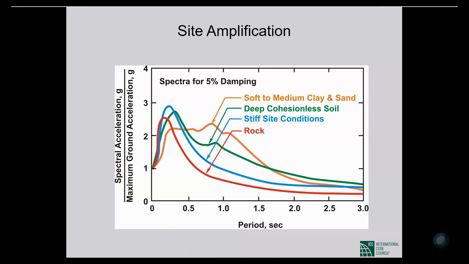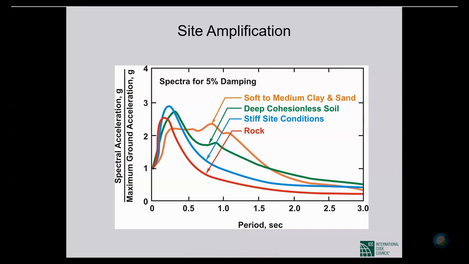The spectral acceleration for the stiff site condition is almost 3 times the peak ground acceleration, for one thing. But that's not the point. The point here is that as you go from rock to stiff site conditions, to cohesionless soil, to soft soil, the spectral acceleration, the response of the structure, increases.